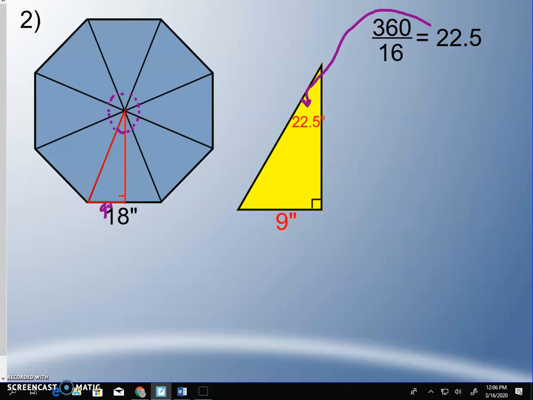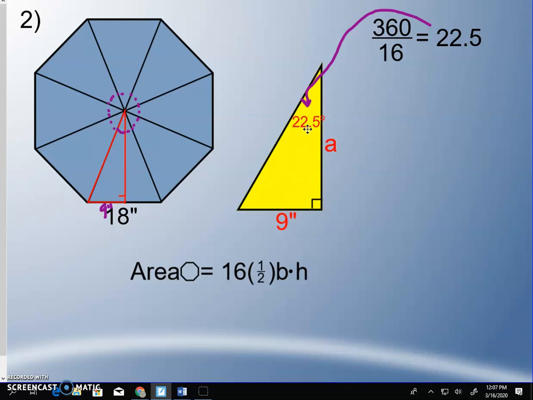Now, in order to find the area of this octagon, what I'm going to have to do is take 16 times these yellow triangles. Again, the yellow triangle, this little triangle here, there are 16 of those. Well, I know the base is 9, but what is that height? I'm going to call that height A. Now, before we were dealing with a 30, 60, 90, and that was nice because it was special and we have shortcuts for that. But not in this case.